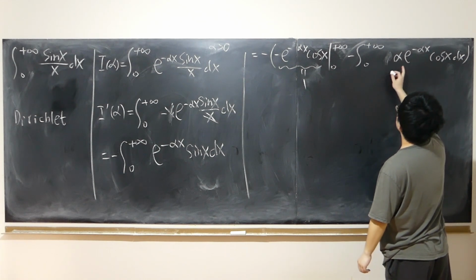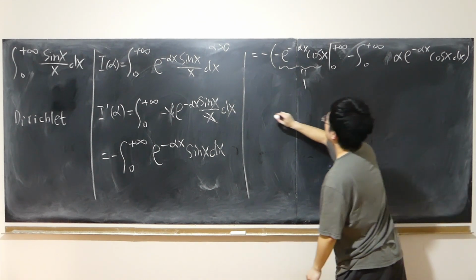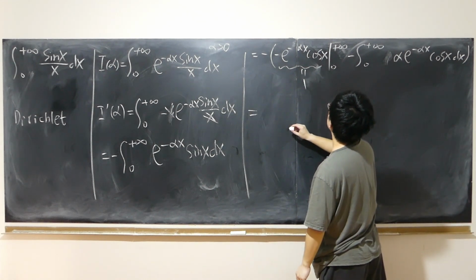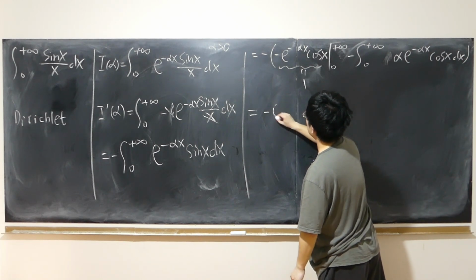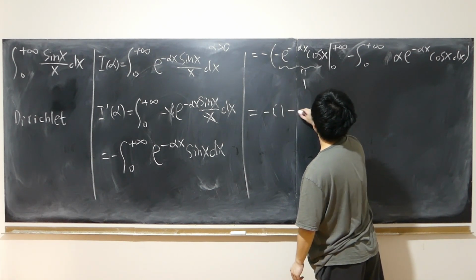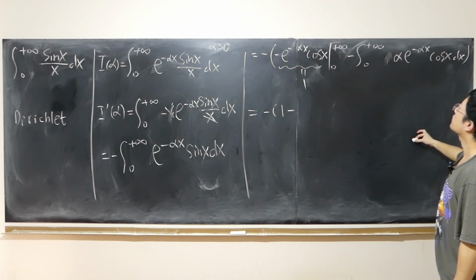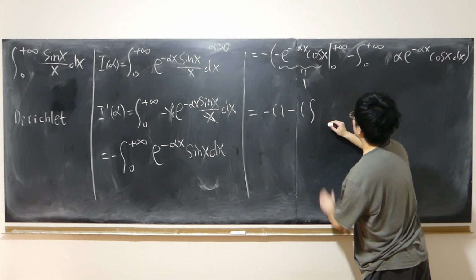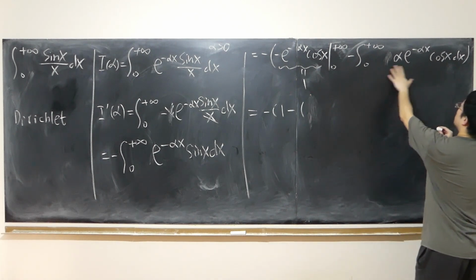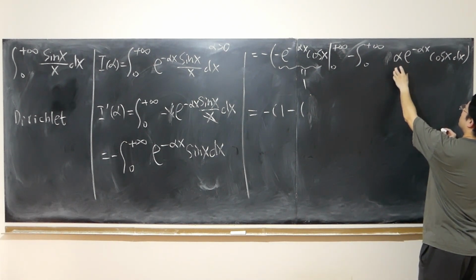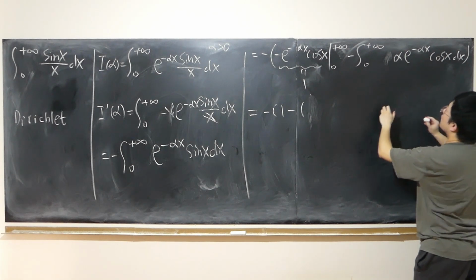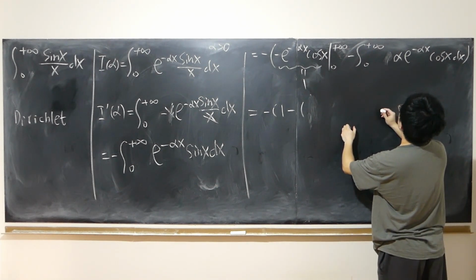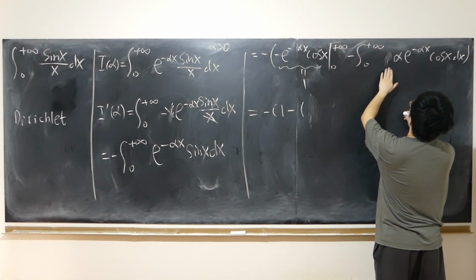And for this part, we have negative 1 minus this one. For this integral, I just apply integration by parts again. Let me take out the alpha.